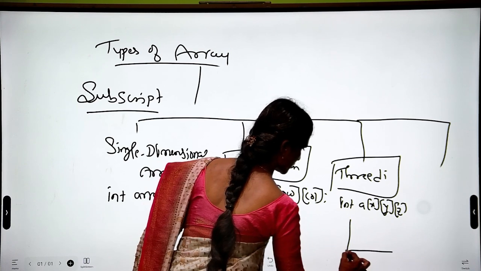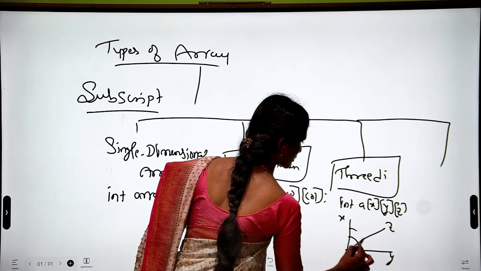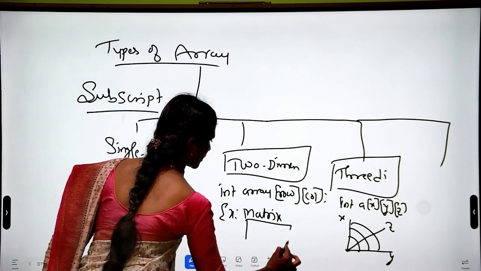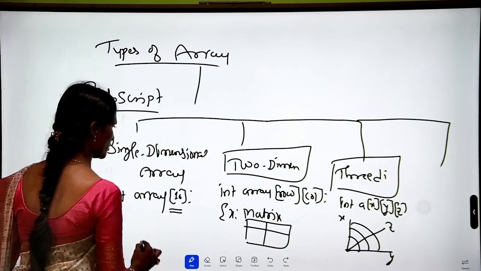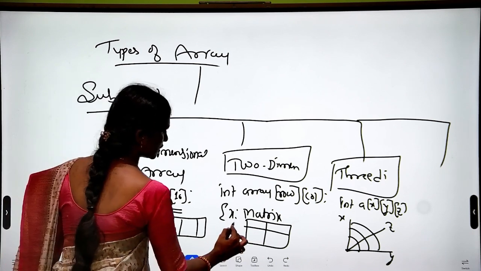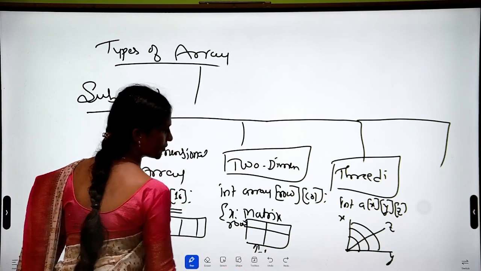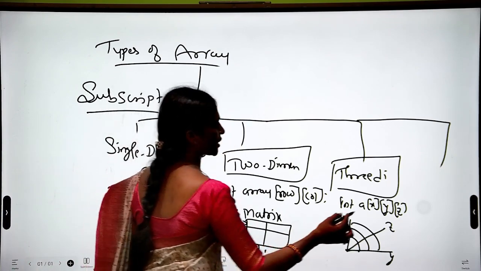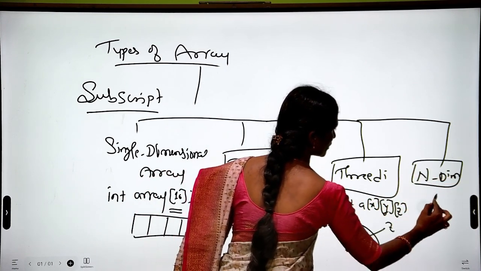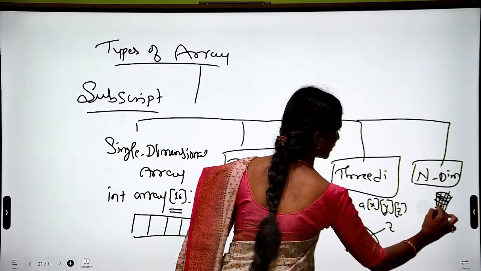That represents x, y, z. This example is a matrix, rows and columns. This represents the memory representation. This represents the row and this represents the column. Here there are three directions. And next comes the n-dimensional array, where you have n dimensions.